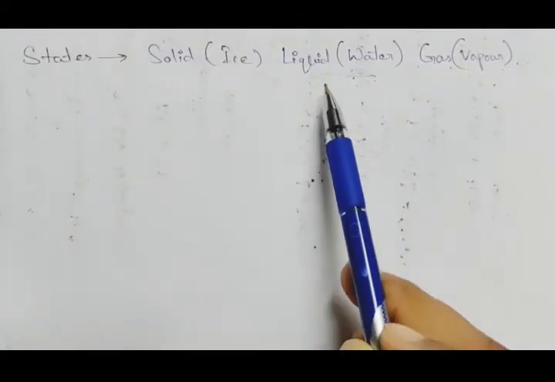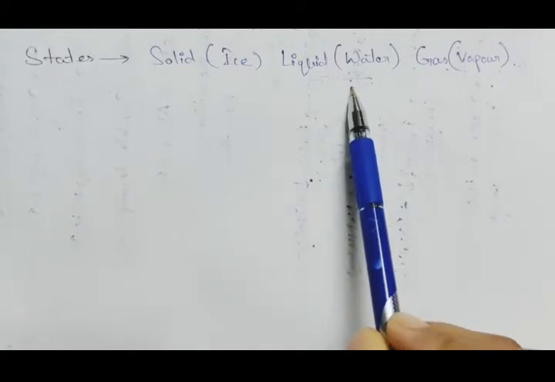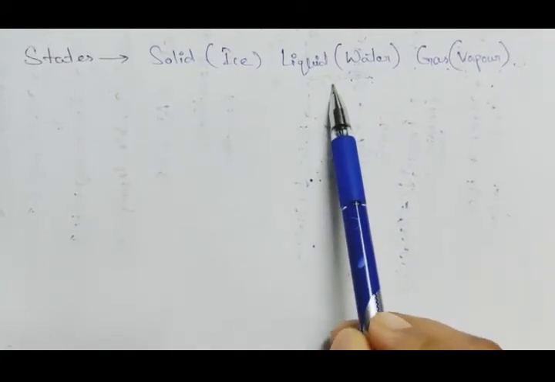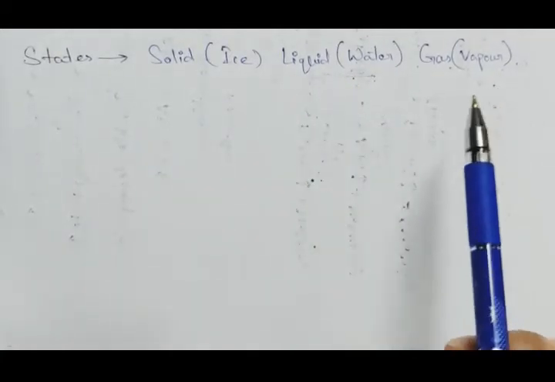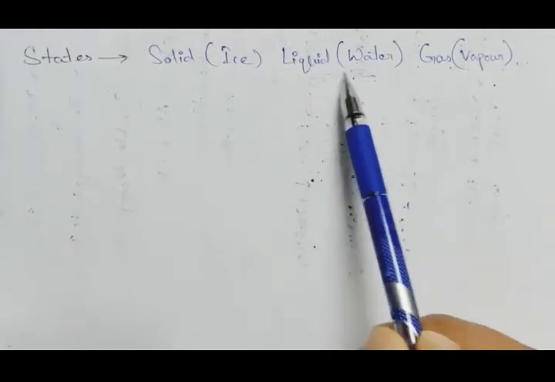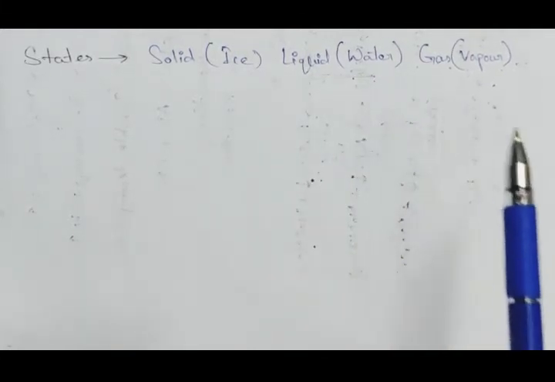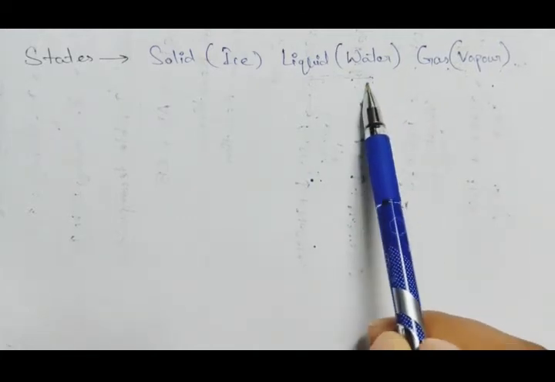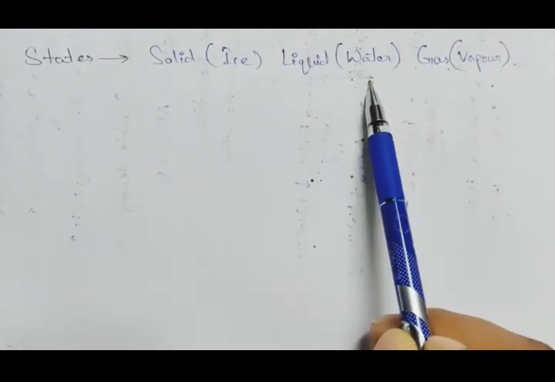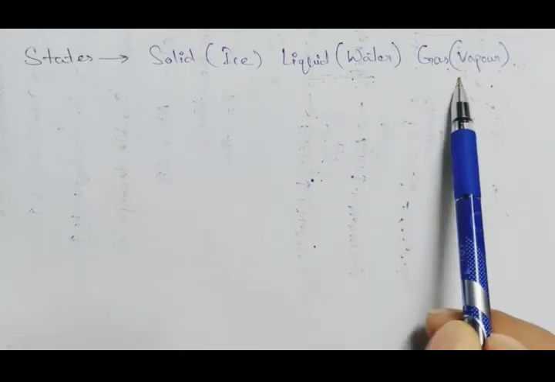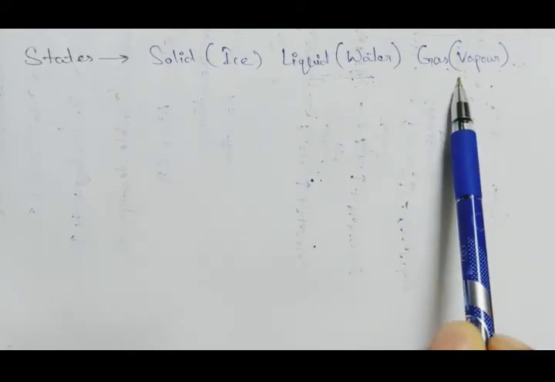Now if we change the temperature of water, then it will change its state. Like if we heat the liquid water, then what will happen? On reaching 100 degrees Celsius, it will start boiling, and on boiling it will rapidly convert into the vapor state, that is the gaseous state.